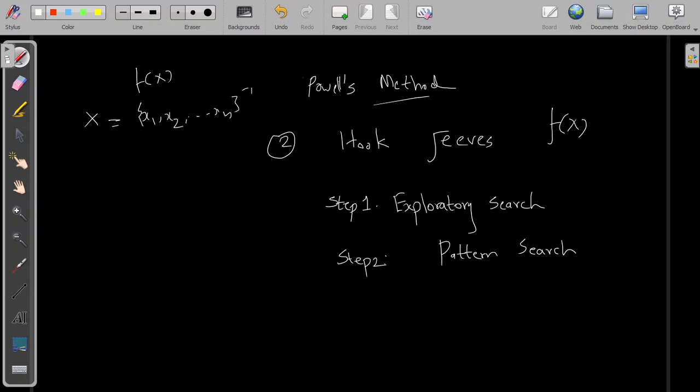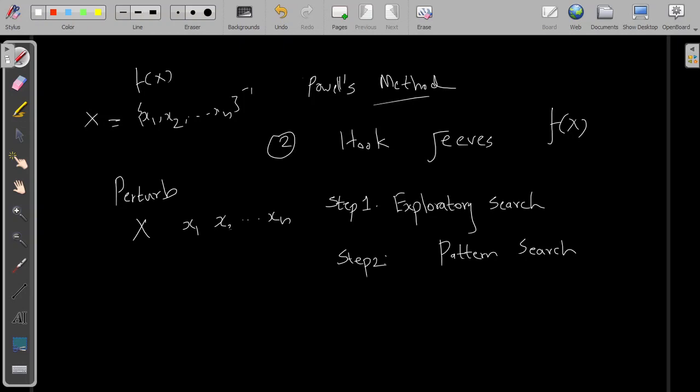and so the exploratory search means we will move in all possible directions. We will perturb, P-E-R-T-U-R-B, perturb the value of capital X in all possible directions, like x1, x2, etc., xn.